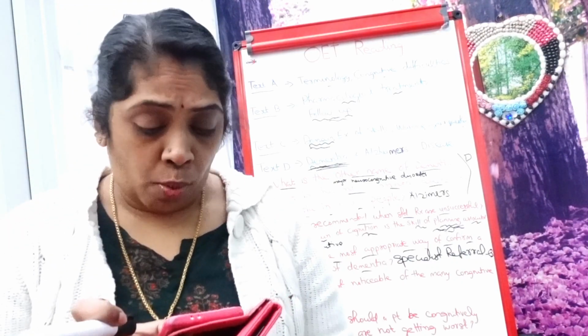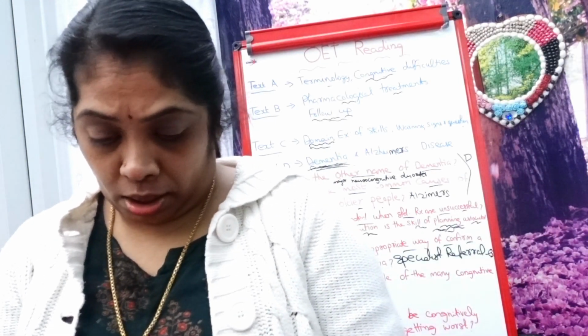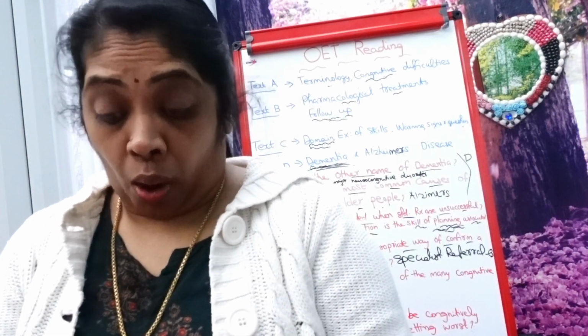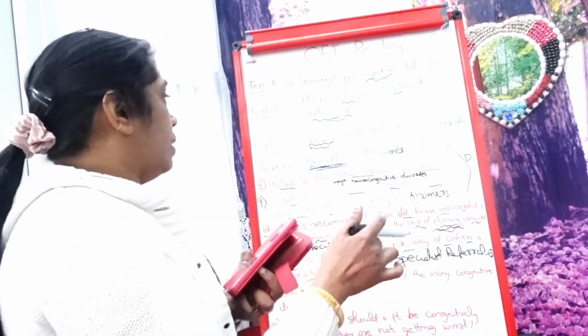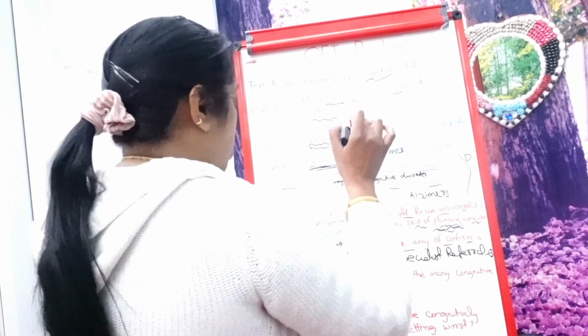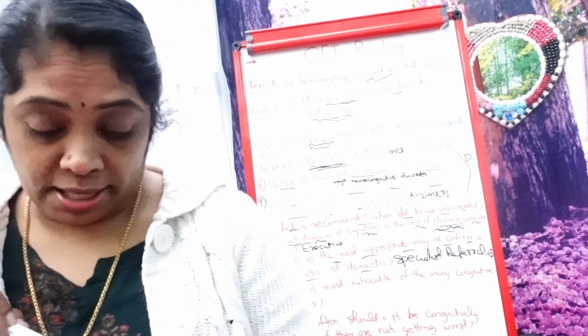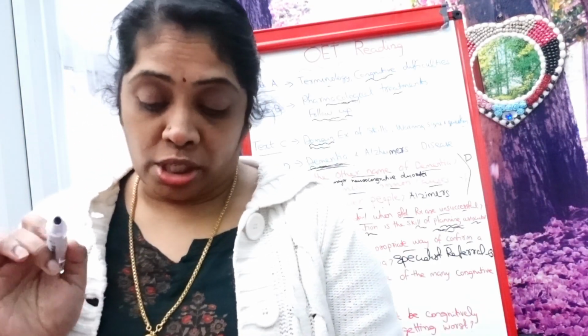Then all patients should consider the recommendation we have already read. If Alzheimer's disease is confirmed, pharmacological treatment can be considered. So next line, we were right. In pharmacological treatment, it says a psychiatric or psychogeriatric referral should be considered for patients who do not respond to first or second line treatment.